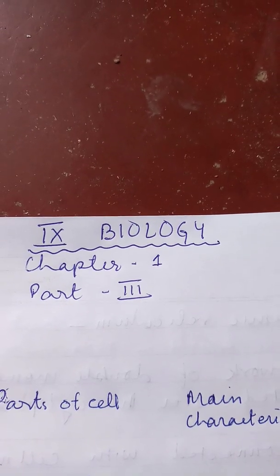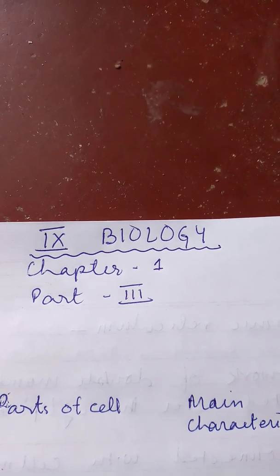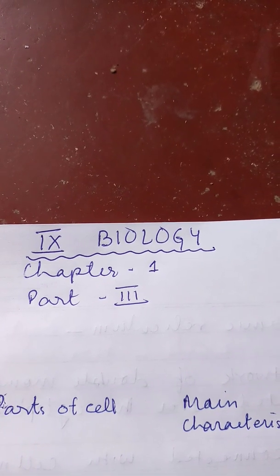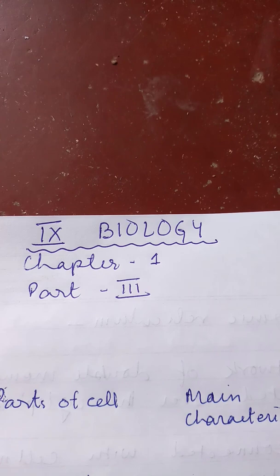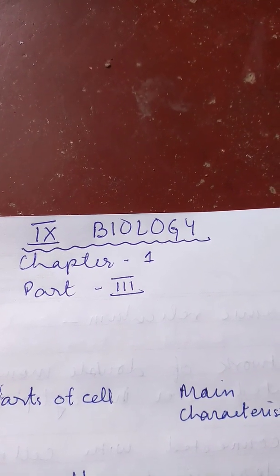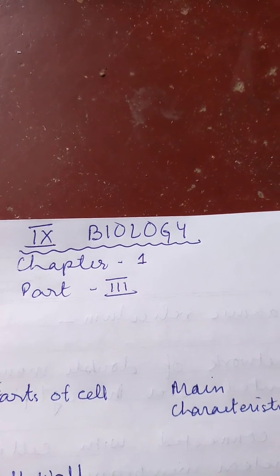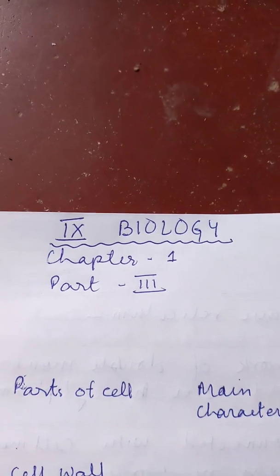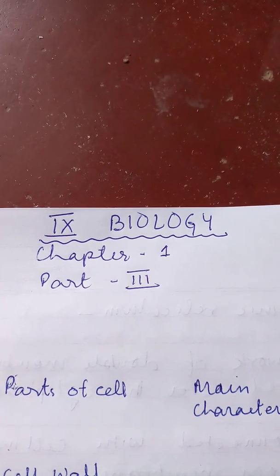Class 9 Biology, Chapter 1, Part 3. Good morning students. Dear students, first of all, while viewing this video, all of you must open your book and see Table 2.1.